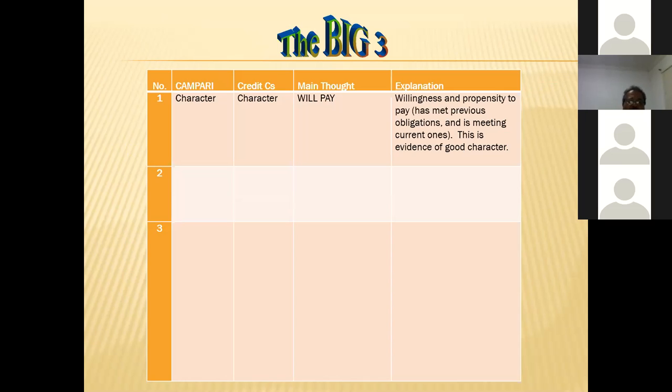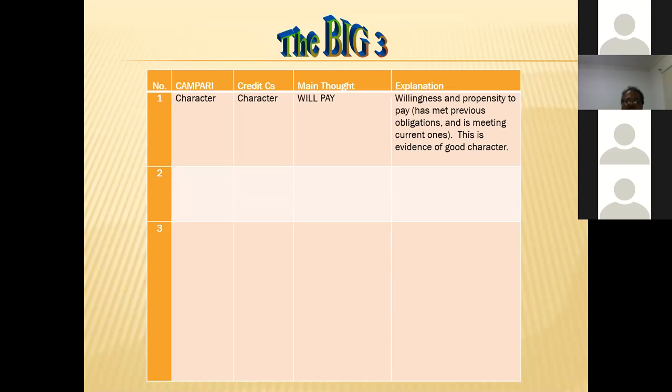Okay, in this instance, we're looking at character first. The main thought behind character is, will this customer pay? This is the will pay. The explanation is the willingness and propensity to pay. That is, this person has met previous obligations and is meeting the current ones.